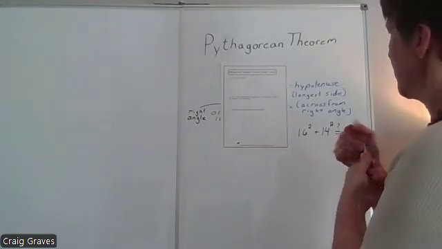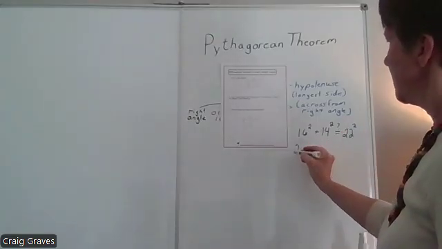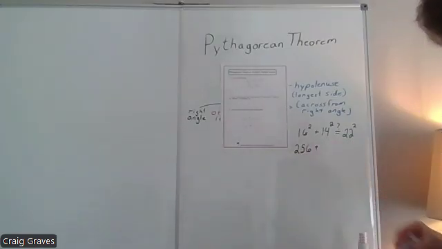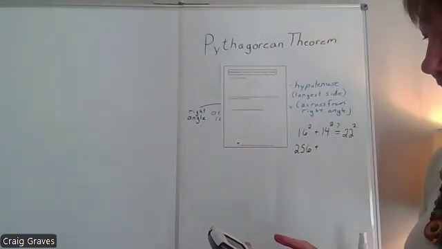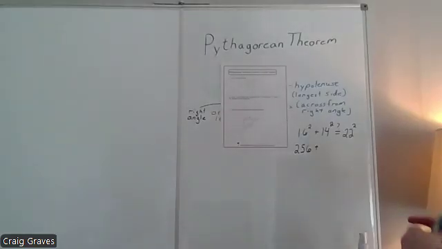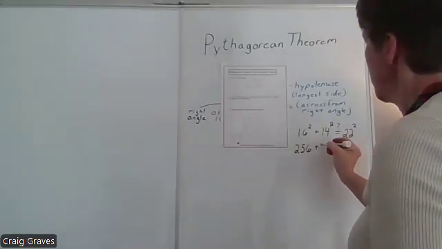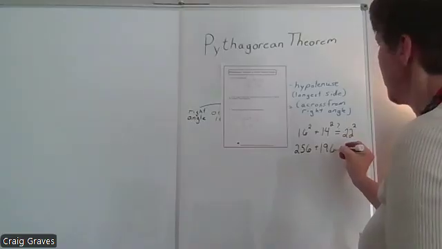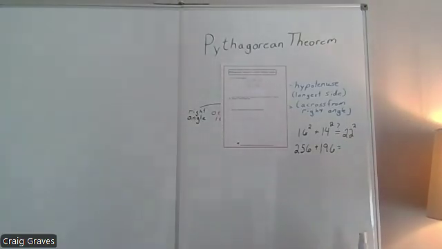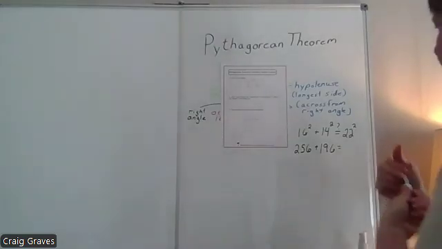So this is 256. And what is 14 squared? Let's see, 14 squared is 196. So this is 196. And what is 22 squared? 22 times 22 is 484.